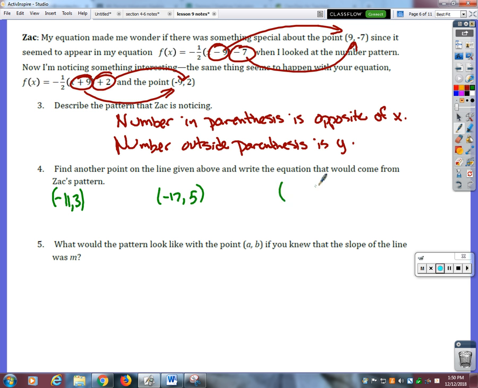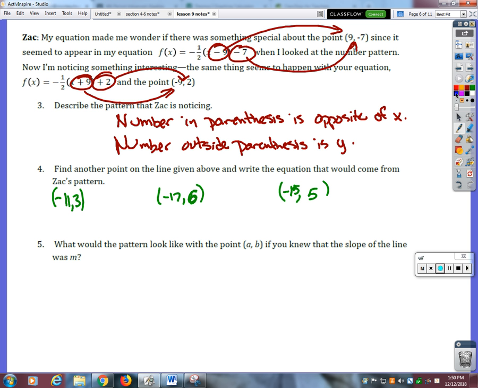Okay. Talia, do you have one? Yes, Talia. Oh, but they can't both be positive 5. Oh, this one is 6. And this one is negative 15, 5. Okay. All right, so let's use those 3 points to write the equation in this new form.